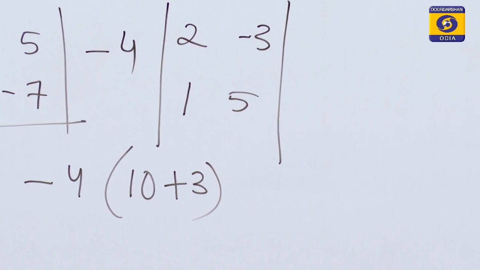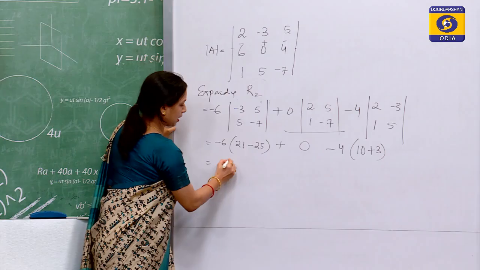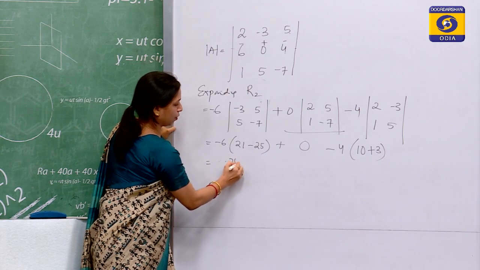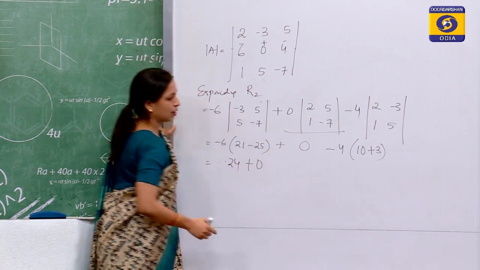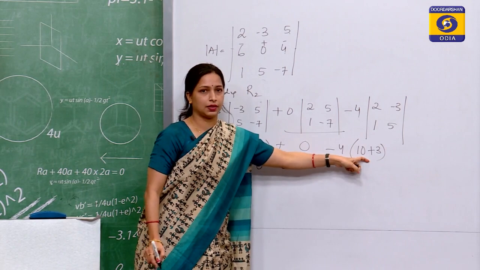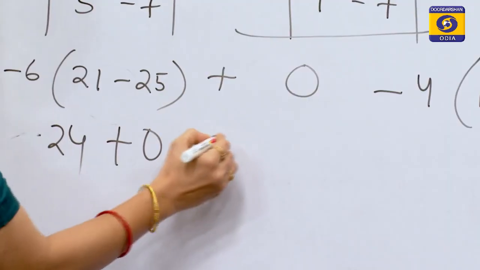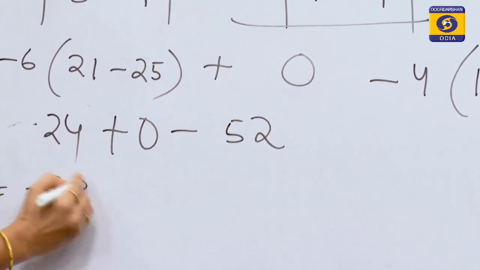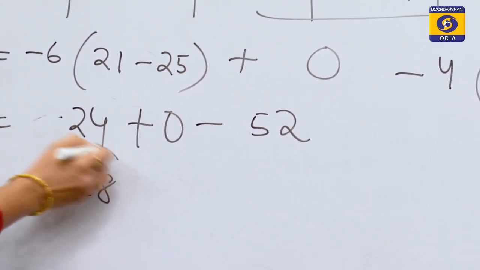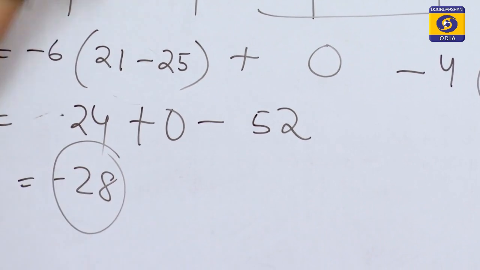So, here we get minus 6 into minus 4, that is 24, right, plus 0, and here we get minus 4 into 13, that is 52. So, we get minus 52. So, the resultant is minus 28. So, this is the value of this determinant.